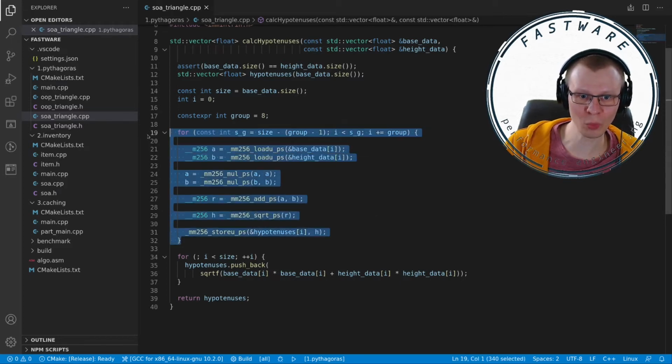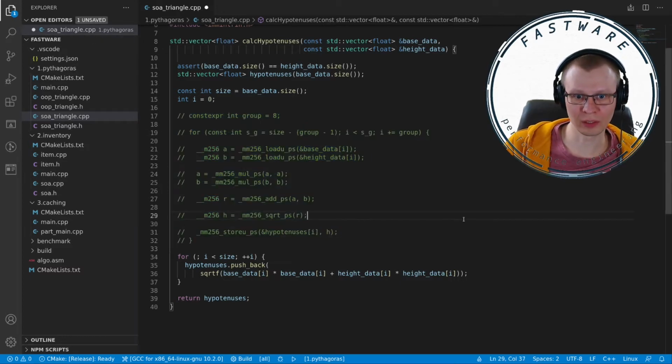intrinsics, what we will do is we'll just comment out this code, and then we have a vector of floats, which is all the bases, a vector of heights, which is just all the heights, and then we assert that they are exactly the same.